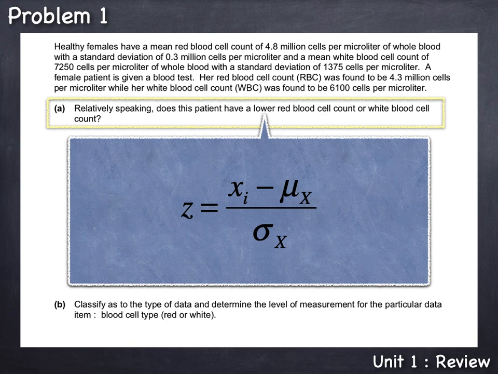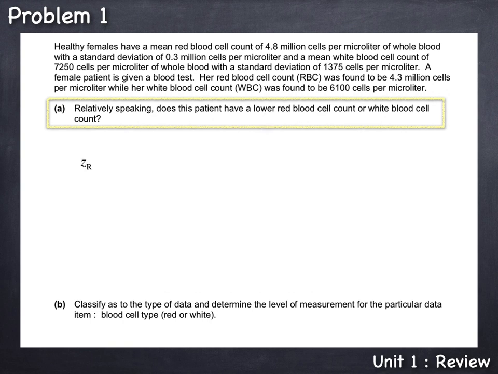So in this problem, to determine whether this patient has a lower red blood cell count or white blood cell count, we need to calculate two different standard scores. One for the red blood cell count, and the second one for the white blood cell count. Starting with the standard score for this patient's red blood cell count.